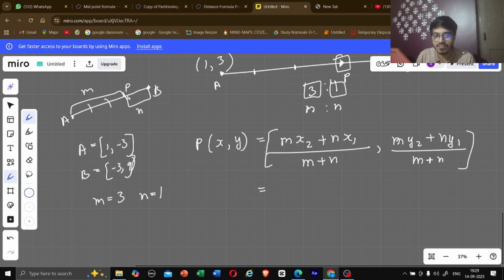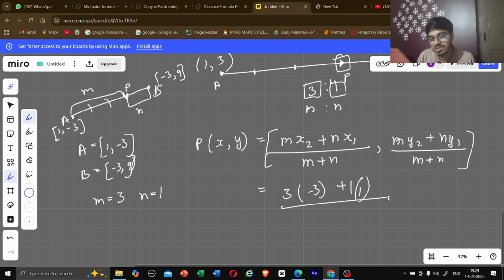So we are finding the coordinates of this. Coordinates of A are 1, -3 and coordinates of B are -3, 9. So m is 3 and x2 is -3, plus n is 1 and x1 is 1. Any doubts till now?